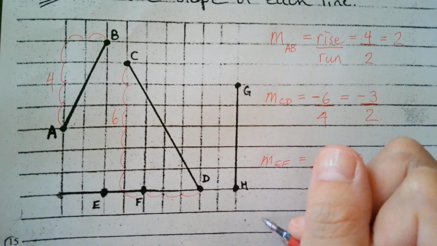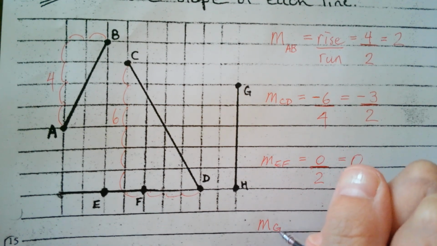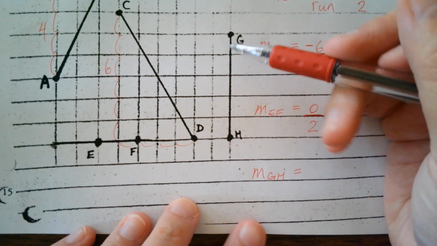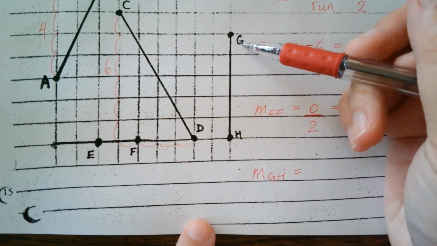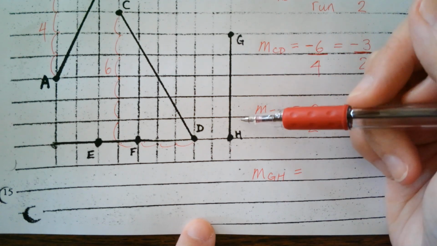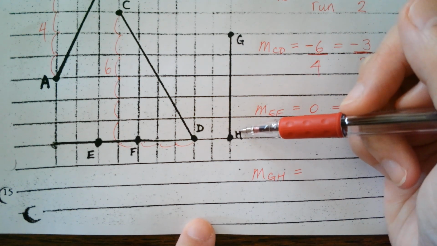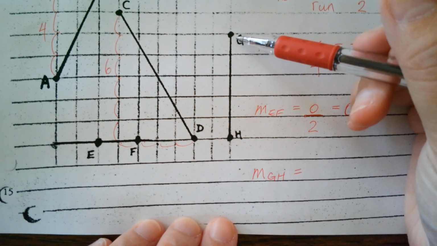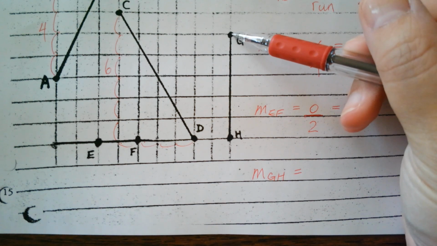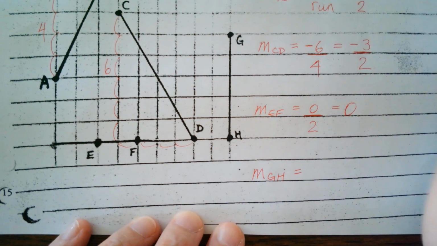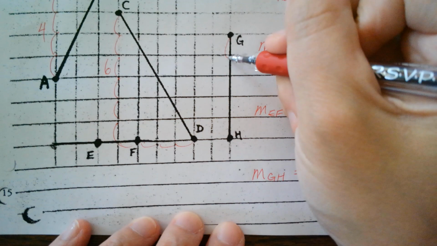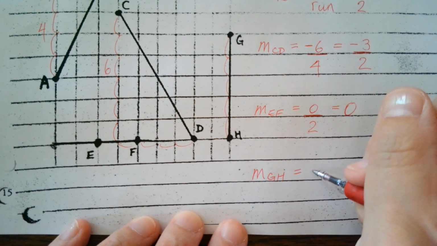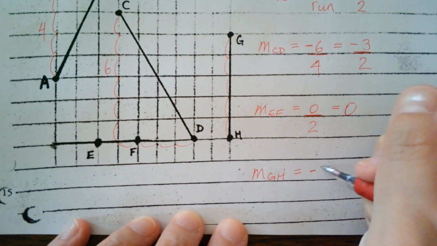Okay, last one. Slope of GH. George is finding Henry. So George is in the elevator, and then what? 1, 2, 3, 4, 5. So it goes down 5. So my number is negative 5.